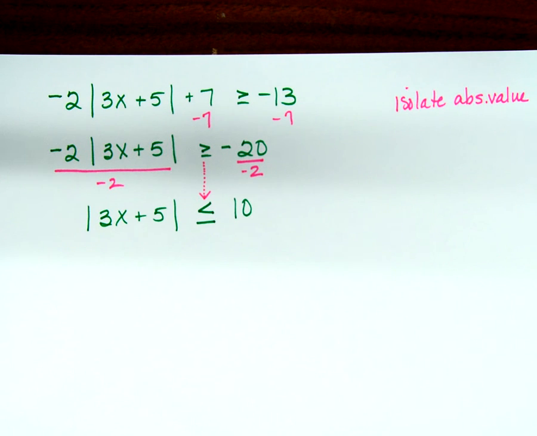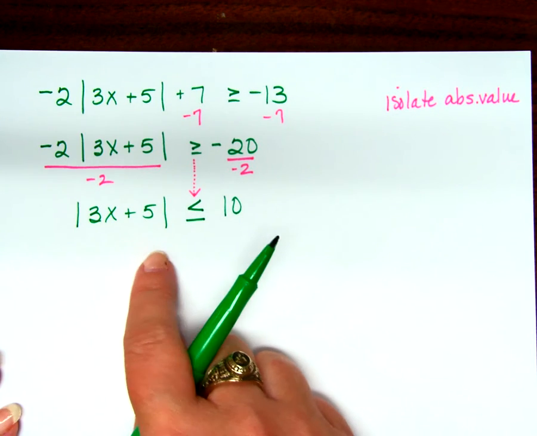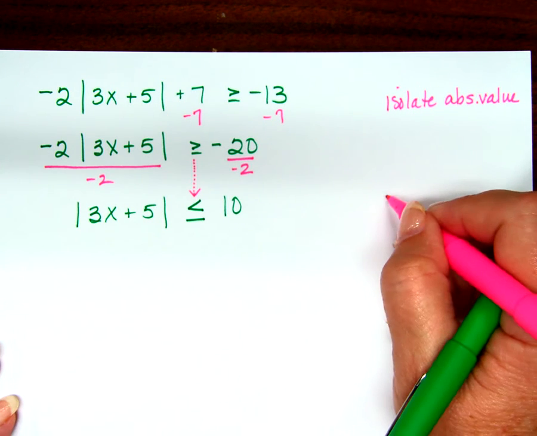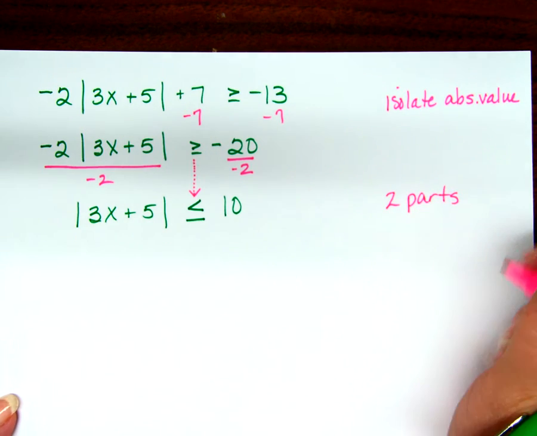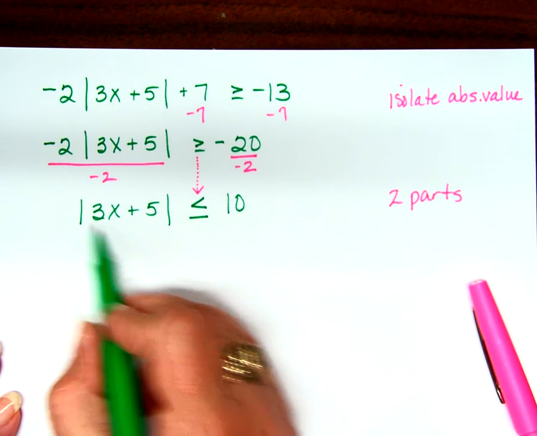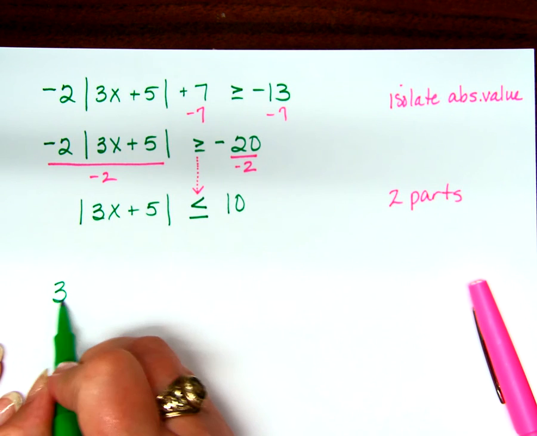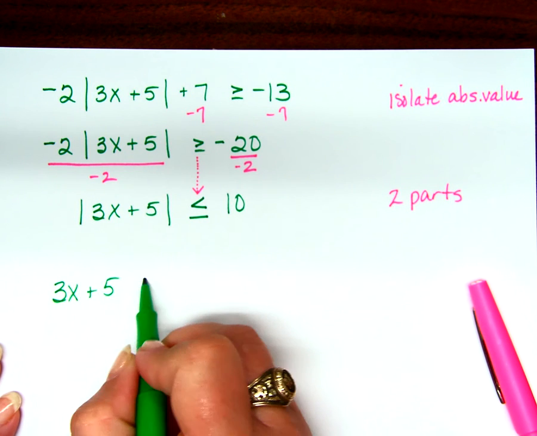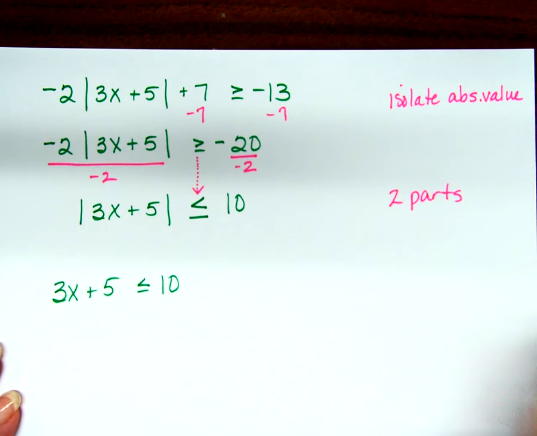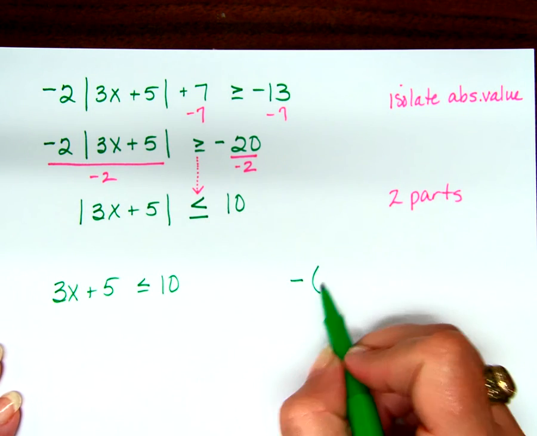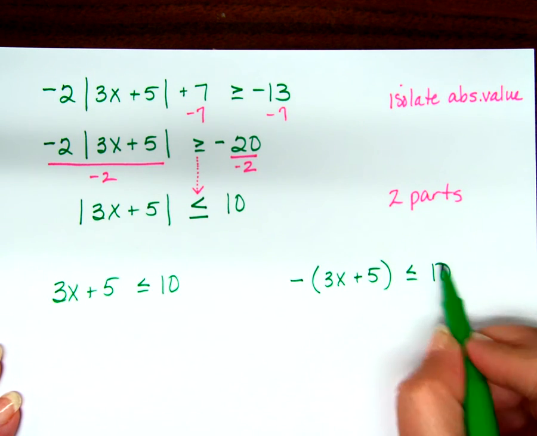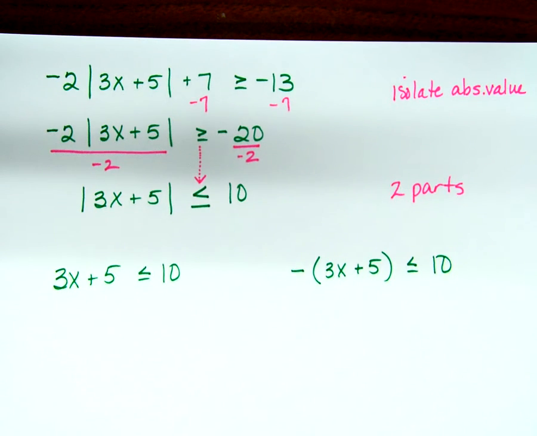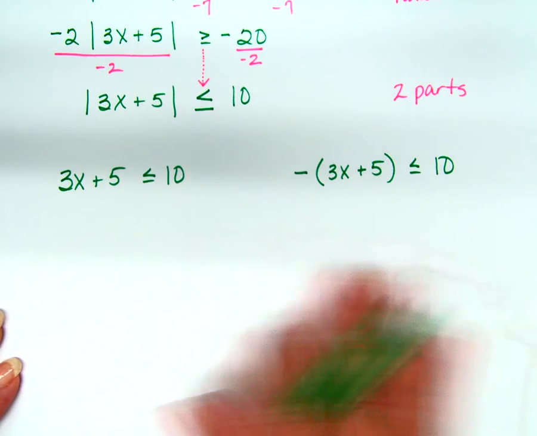Okay? Now that the absolute value is isolated, what do I do now? I have 2 parts, right? You remember this? I have the part where whatever's inside is exactly what it is, so it's the positive value, and then I have the other part where whatever is inside is the negative value. So I solve these separately.